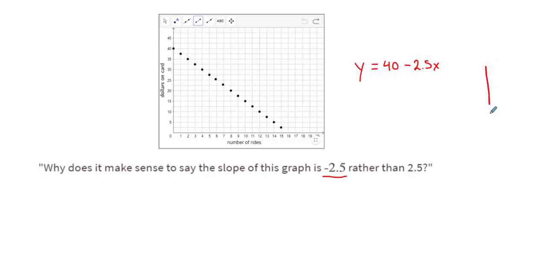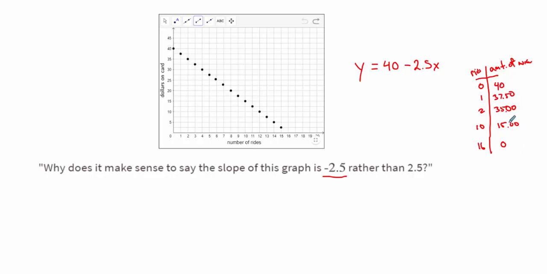And we had another student say that if you made a table of rides and amount of money on the card, if we made a table of those values, we start off with $40 in our account, and then every ride that's taken, even if we have multiple rides, the amount of money is going down.